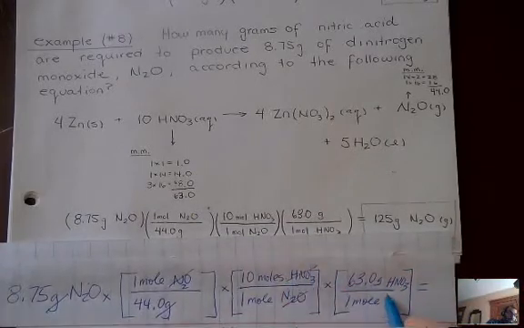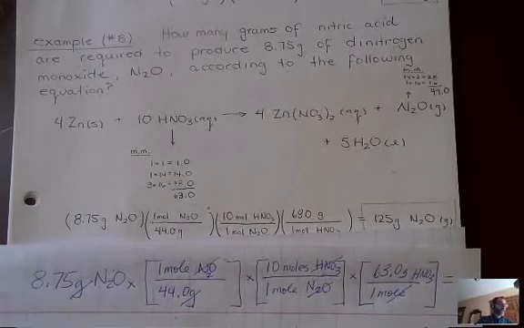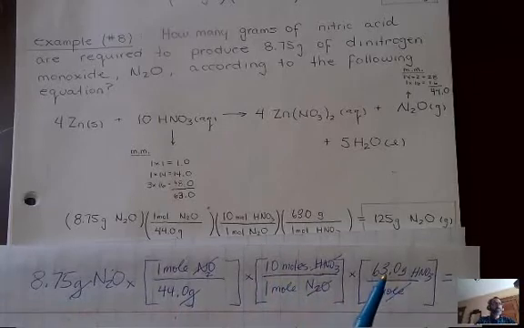Goodbye, moles of HNO3. Hello, grams of HNO3. So here we go. 8.75 divided by 44, hit equals, times 10, hit equals, times 63, hit equals, and that'll give you your answer.